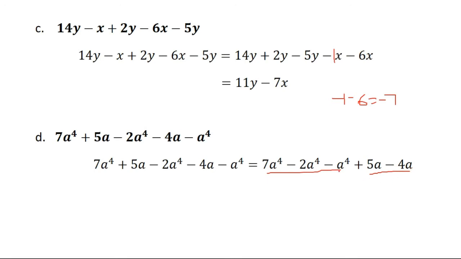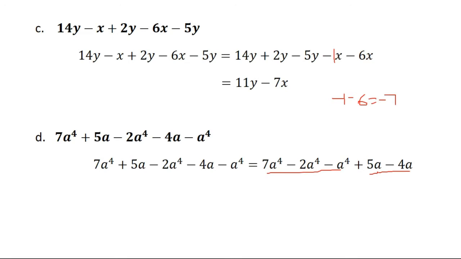Remember that a raised to the power 4 and a are not like terms. In the first video, we said that for two terms to be considered like terms, one, they must have the same letter, and two, they must have the same power. Now we can see that even though they have the same letter a, this a is a raised to the power 4, and the a attached to the 5 is a raised to the power 1.